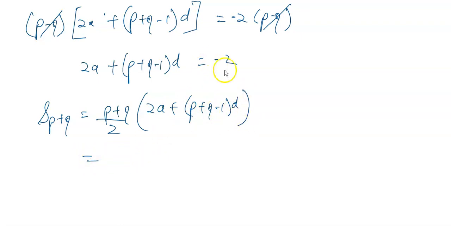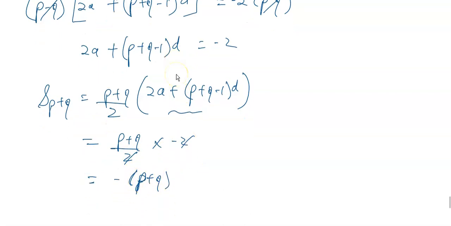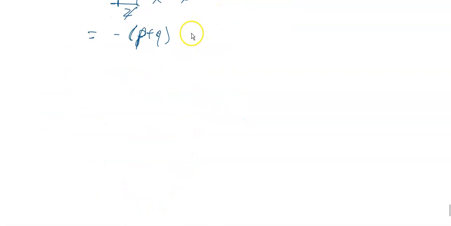We can see that this bracket is minus 2. So this is p plus q by 2 into minus 2. The 2 cancels. Finally minus p plus q, so option D is the correct answer.